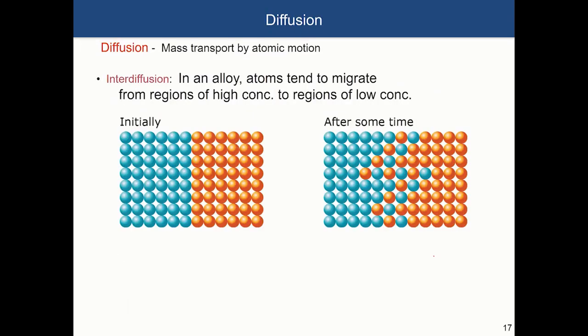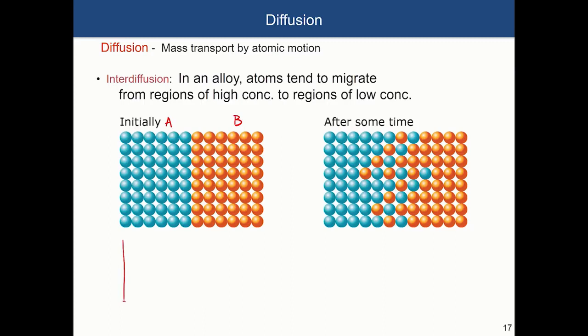So what we will basically talk about is that we have two different materials, A and B. And we are looking at what is happening if you merge these two materials together and you change their temperature, or you introduce any type of effect that will enhance this diffusion.